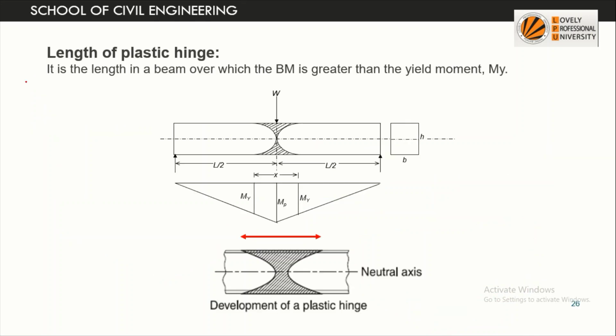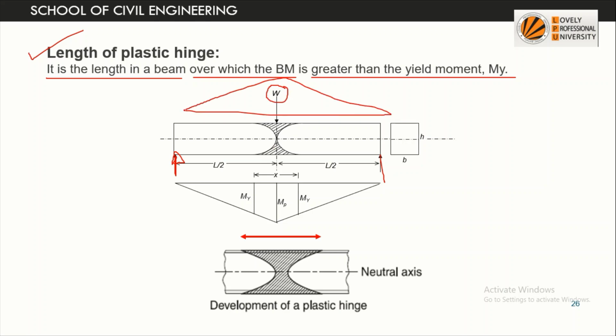The next term is the length of plastic hinge. It is the length of the beam over which the bending moment is greater than the yield moment My. Suppose this is a simply supported beam subjected to a load W. It will have some bending moment like this. Now suppose we increase the load. Now the load is say Wy, so this ordinate will be equal to My. This corresponds to the yield moment. On further increasing the load, suppose now the load is Wp.